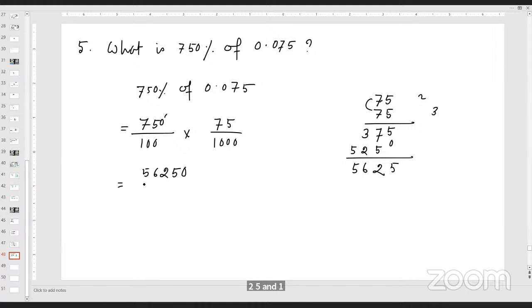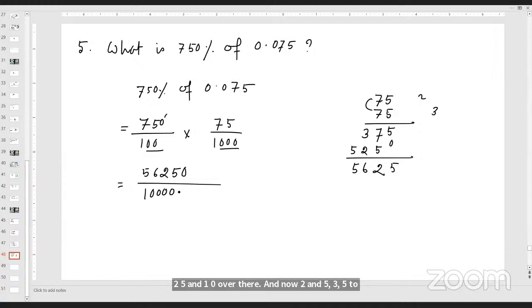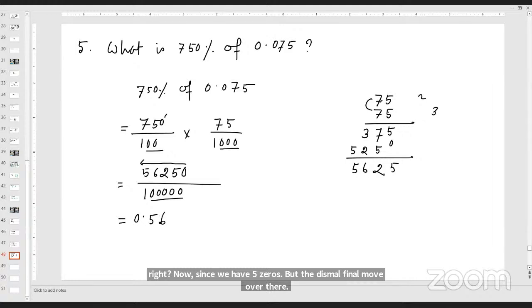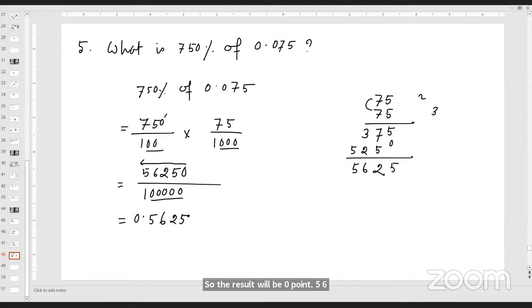And now we have 5 zeros, so the decimal point will move over there. So the result will be 0.5625. Done?